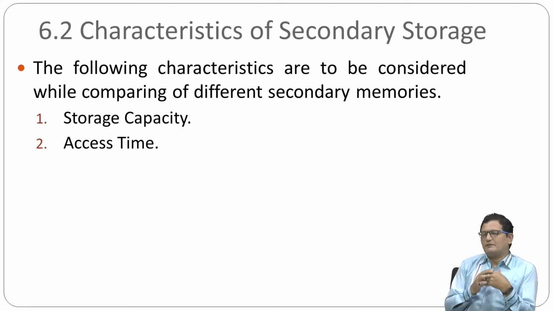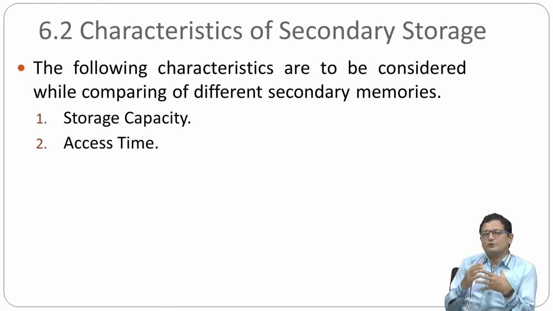Obviously, a memory which has a larger storage capacity will be a good memory for us, right? Obviously, we need to buy the memory that offers a large amount of storage capacity. Okay, second thing is the access time. Access time means, if you are performing any kind of read or write operation on the memory, how much time will that memory take to read or write the data, right?